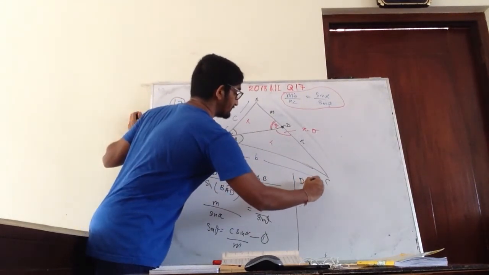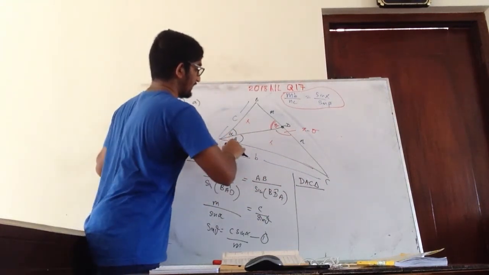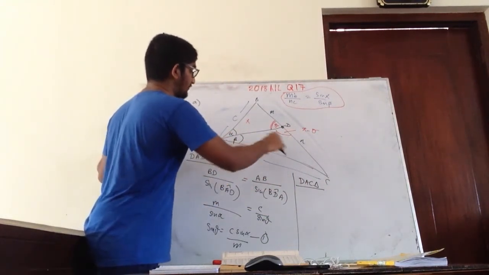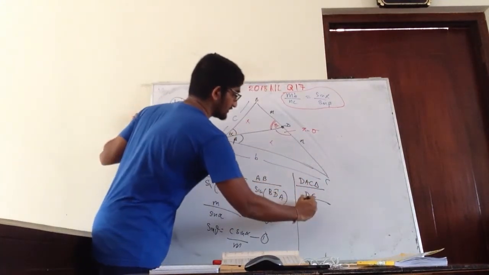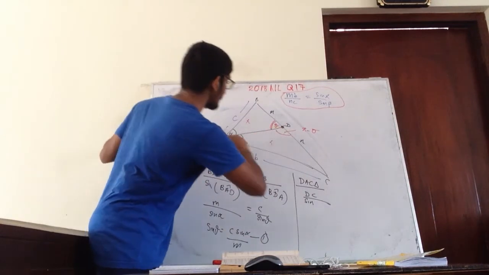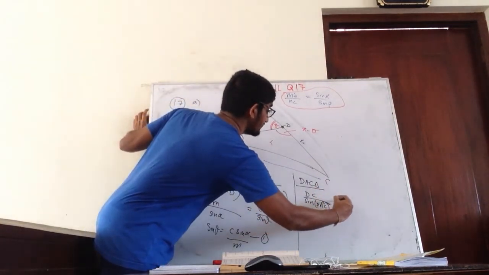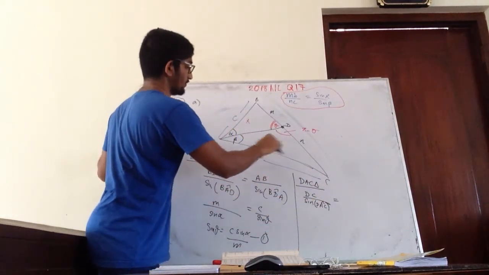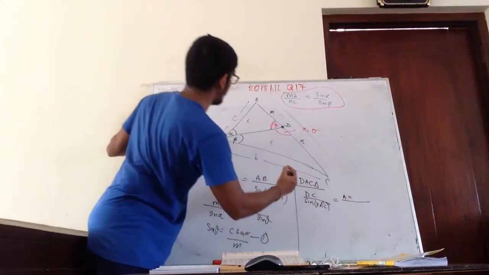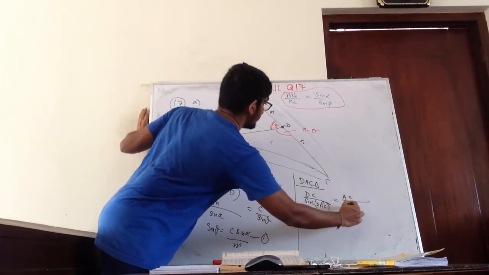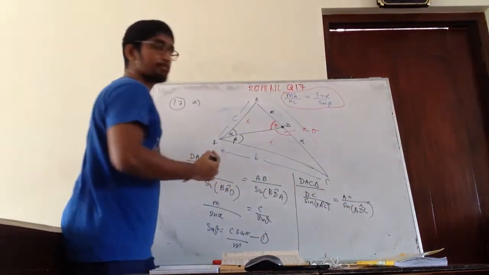So then what I'm going to do is I'm going to take the DAC triangle. So here I'm going to get DC over sine DAC is equal to AC over sine ABC. Right?